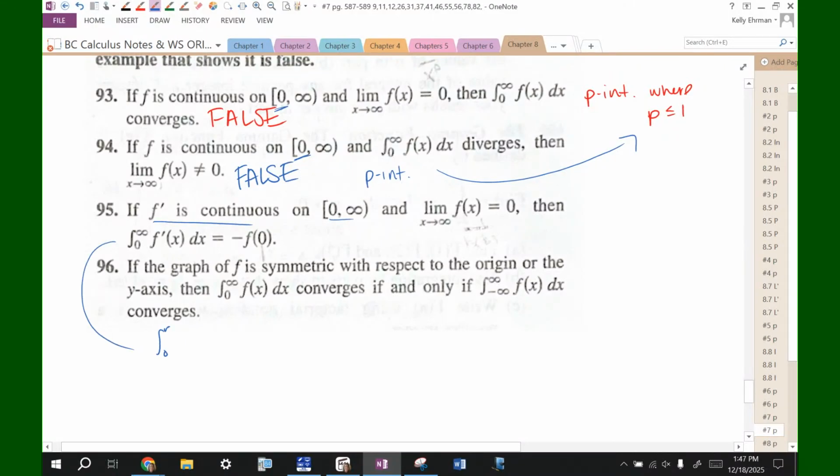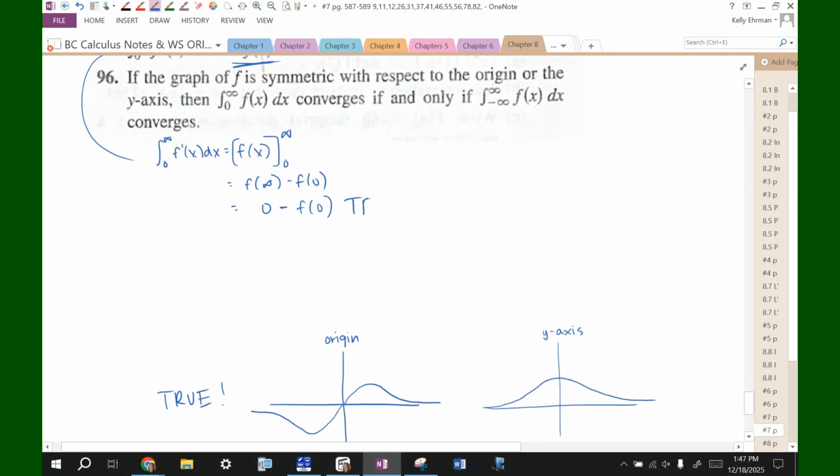The integral from 0 to infinity of f prime of x dx should equal f of x evaluated from 0 to infinity, right? And that's equal to f of infinity minus f of 0. And f of infinity is approaching 0, minus f of 0. So yeah, that's negative f of 0. That seems true.